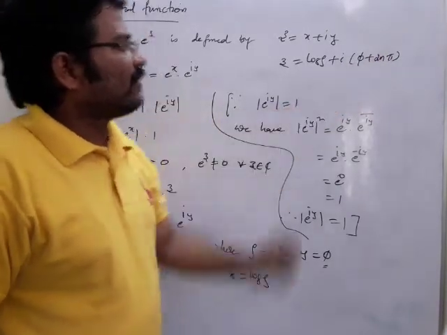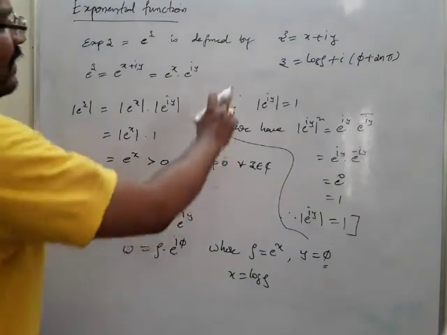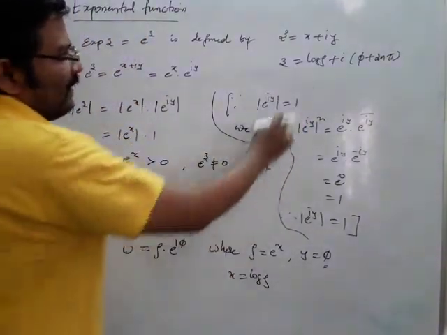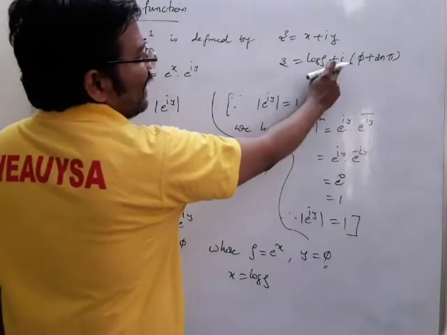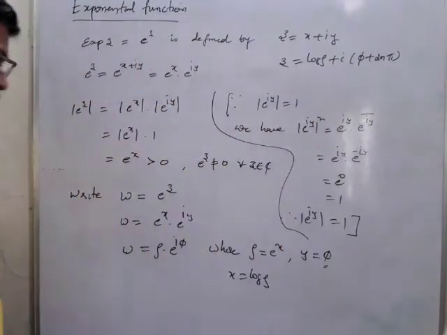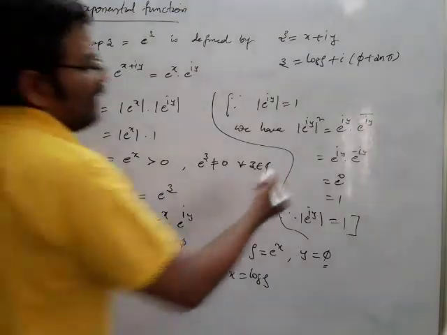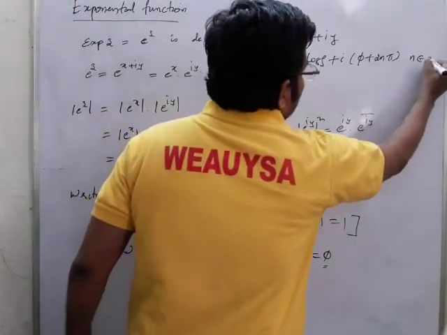So what you got is z is equal to log rho plus i into phi plus 2n pi. You got the answer, where n belongs to Z.